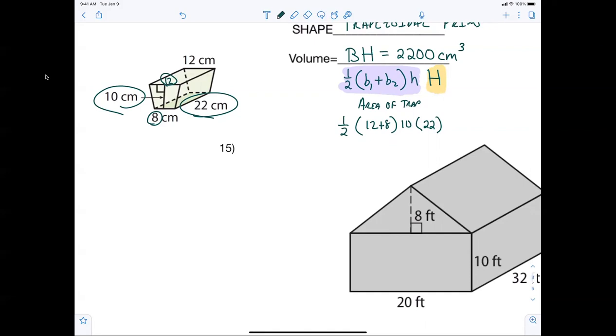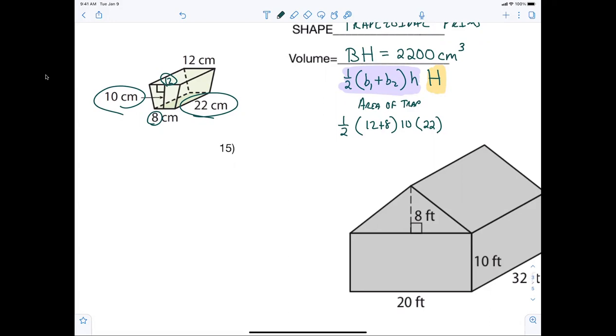All right. So now please make sure you're doing it correctly on the calculator. Type in 1/2 times 20 times 10 times 22. Yes, ma'am. Why do you get a different answer if you type in 12 plus 8?